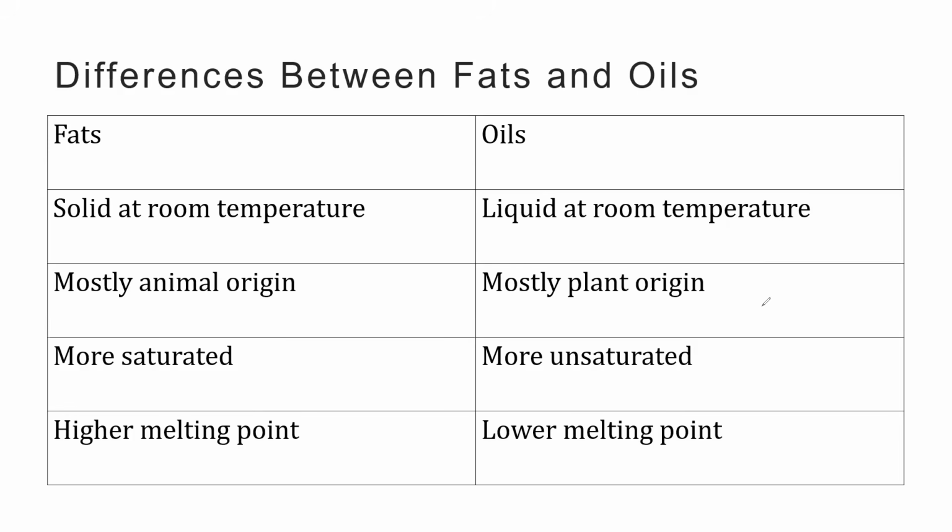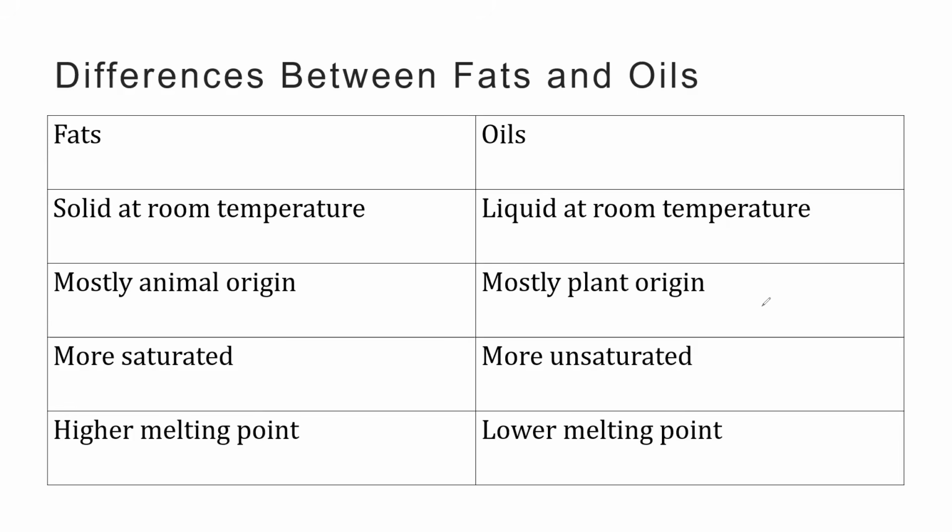So it's important to know that fats are solids at room temperature because of the flexibility in the movement between carbon atoms, which allows them to pack together. But that flexibility is not experienced so much in oils, and that is why they remain liquid at room temperature.